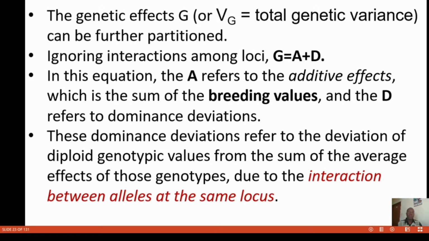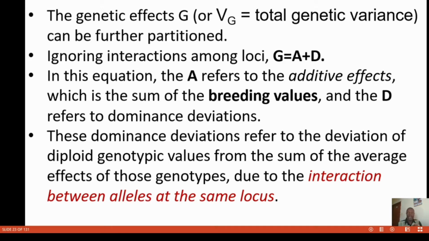So when we are looking at what we're calling the genetic effects, consider that the genetic effects, the G, is actually the total genetic variance. And we have seen that if we ignore the interactions, it is the sum of the additive plus dominance.